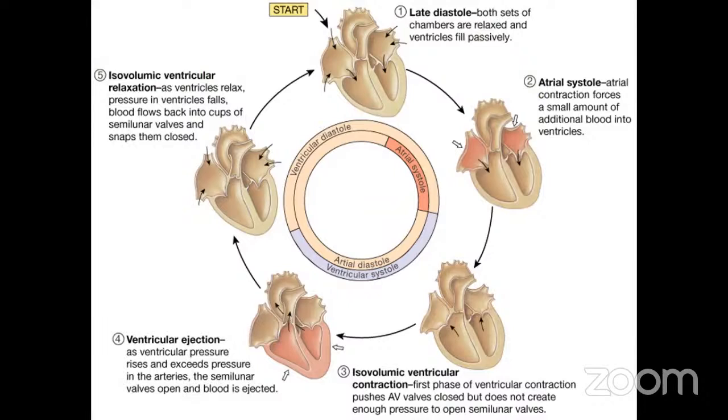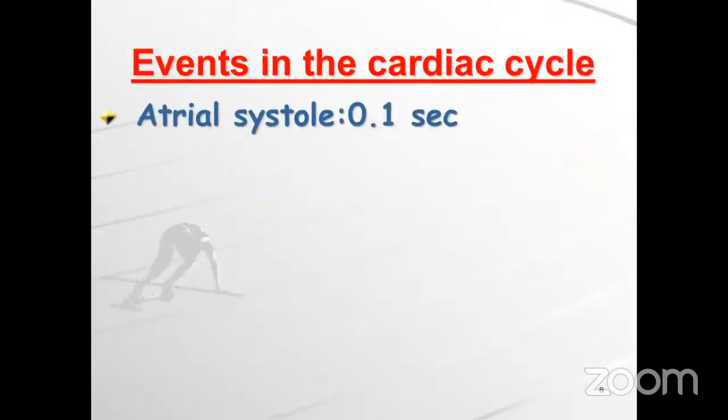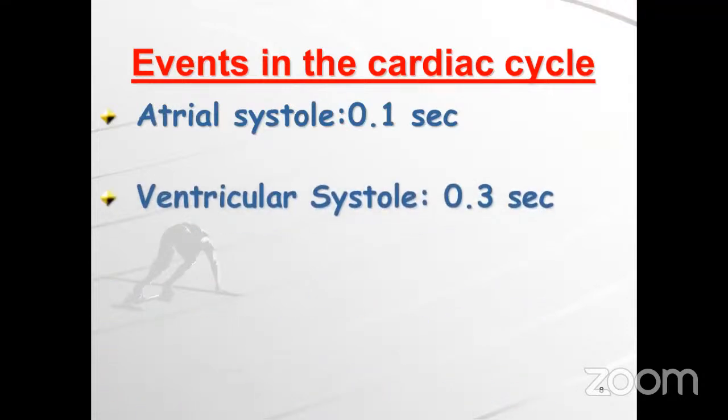Here, the atrial systole comes first, then the isovolumetric contraction, ventricular systole, and ventricular relaxation. The events are further divided into atrial systole of 0.1 second and ventricular systole of 0.3 second.